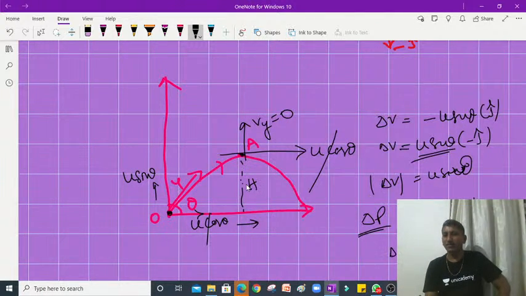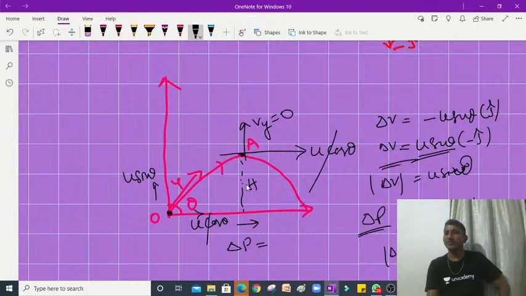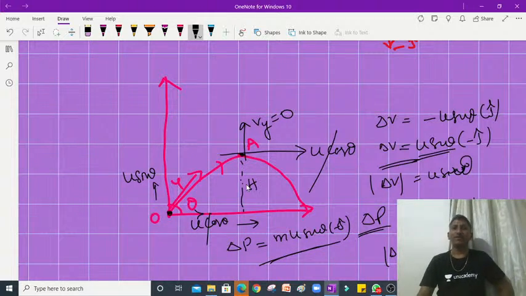So the magnitude of the change in momentum is m u sin theta. If I want to write the change in momentum as a vector, since the change in velocity is u sin theta minus j cap, it is m u sin theta minus j cap. Hope you got this step also.